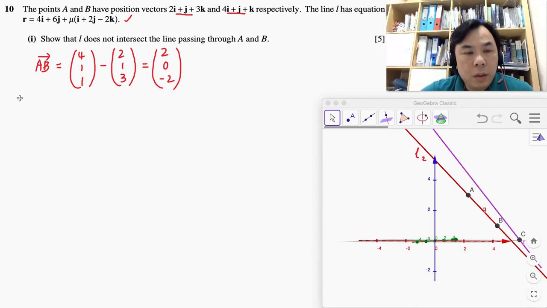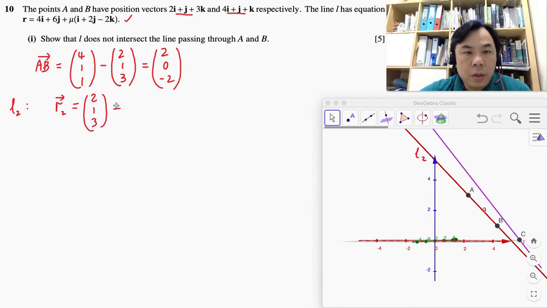Therefore, the vector equation to represent line L2 is given by, let me call this r2. Now we need a point that passes through line L2. You can choose either A or B; it doesn't matter which one you use. Let's use A, which is 3.